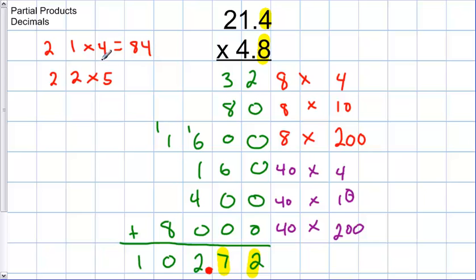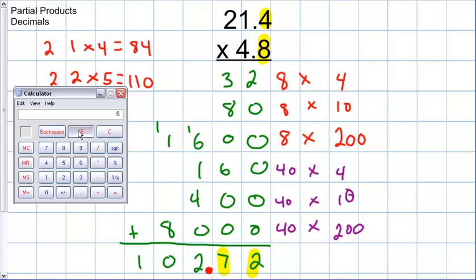So this is 84, and this is 110. So my answer should be somewhere in between 84 and 110. Now how did I get the 21 and the 22 and the 4 and the 5? Well, 21 and 4/10 is in between 21 and 22, and 4 and 8/10 is in between 4 and 5. So that's how I came up with those numbers.